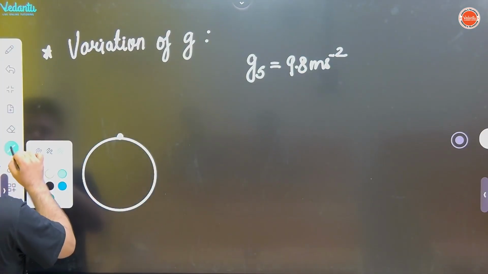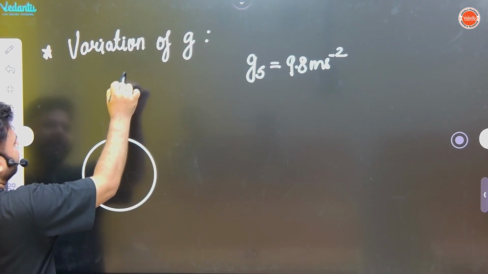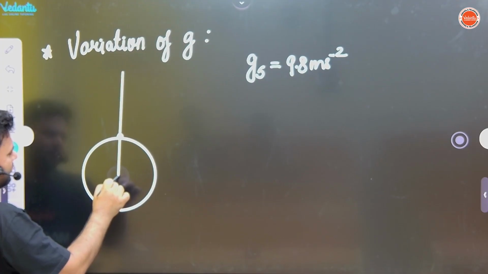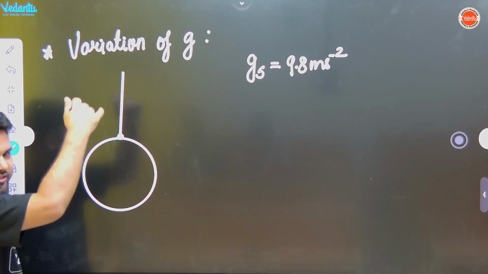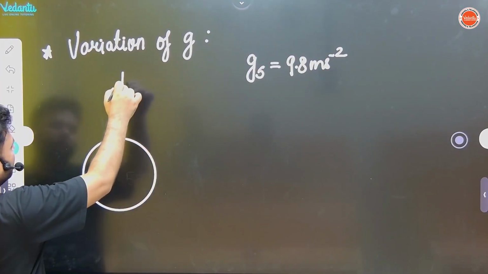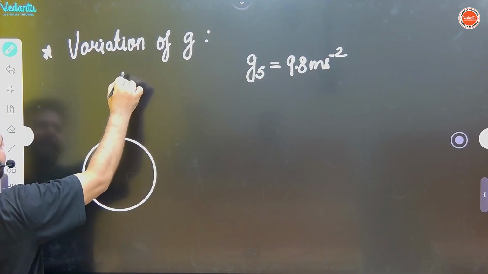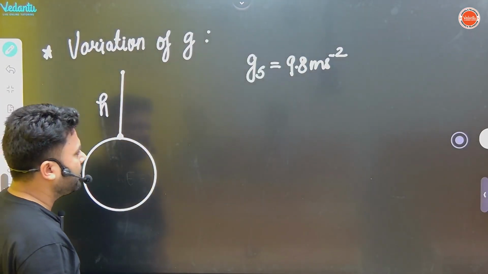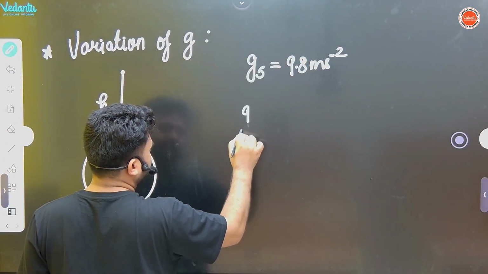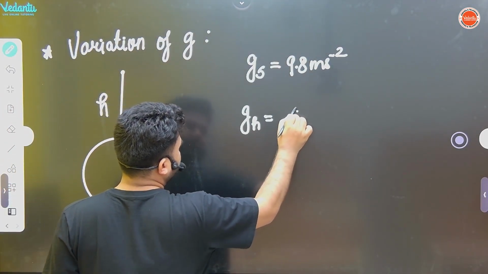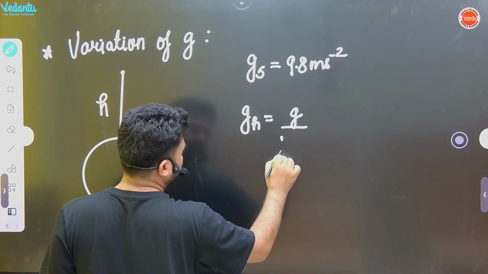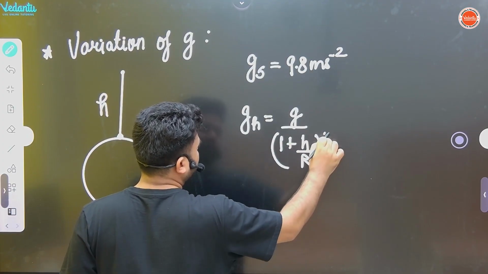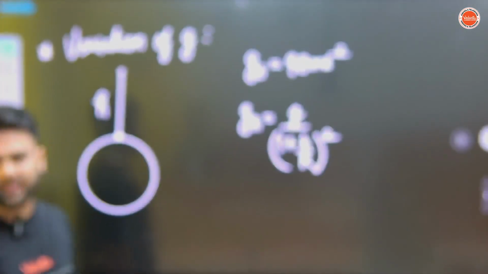As you go up, the g value decreases. As you go down towards the center also, the g value decreases. So first consider when we are going up. Suppose we go to a height h from the surface. So g at a height h, you remember the formula, it is g divided by 1 plus h by R to the whole square. This is g at any height h.